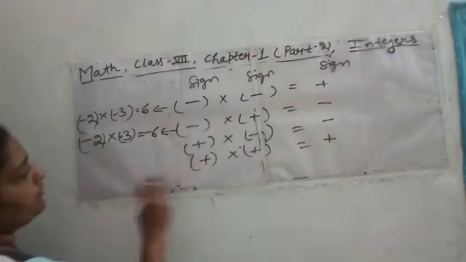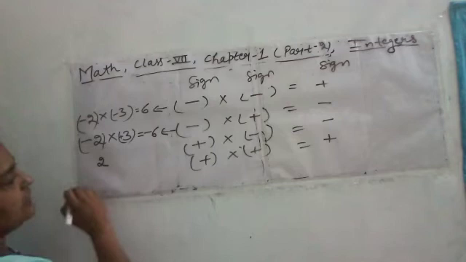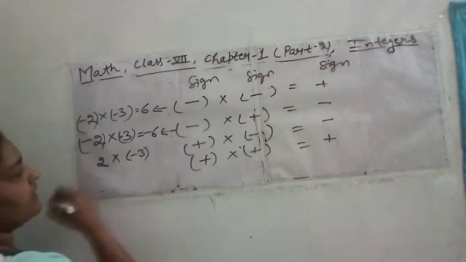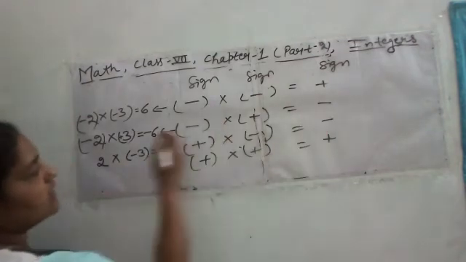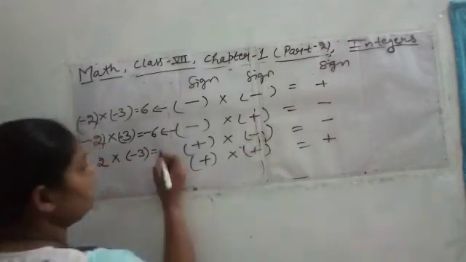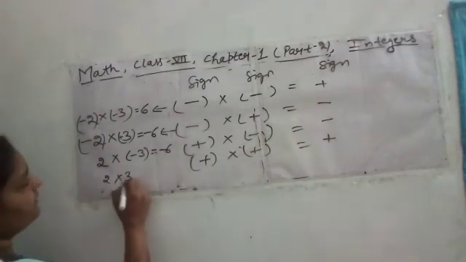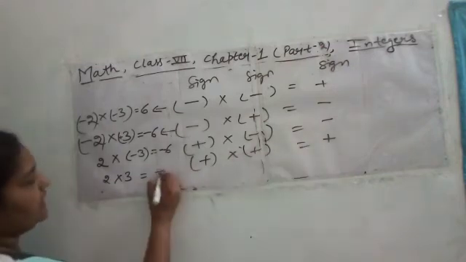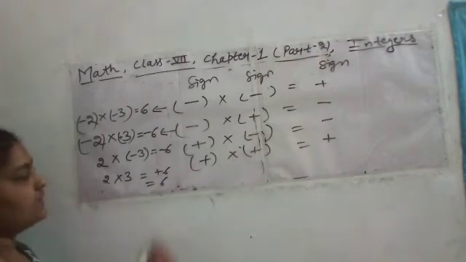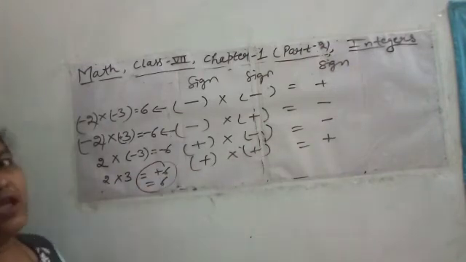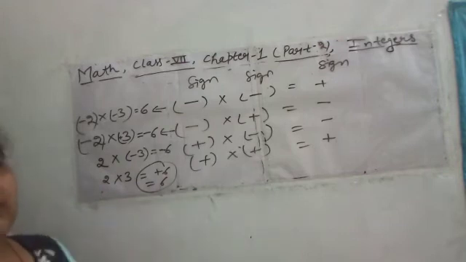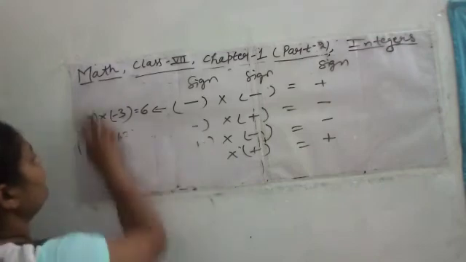This is the example of this. Here if one digit is plus and the second is minus, then also after calculation the sign will be minus. If both are plus, then plus sign, plus 6, or you can write 6, both will be the same. These are some rules of calculation which you have to remember, and then you can solve the integers.